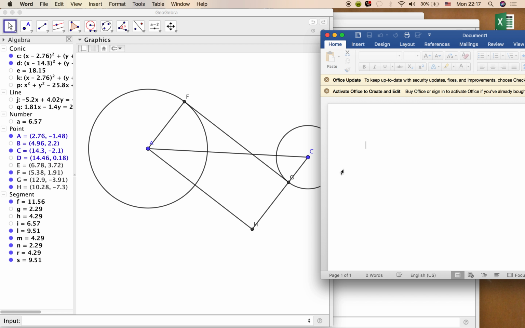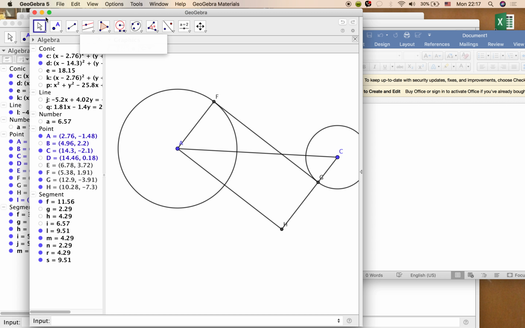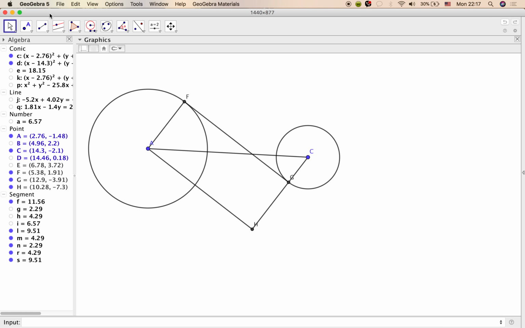Because we know AFGH is a rectangle, this is a right angle, and we can consider the right triangle ACH and say that AC squared. This is not right. Well, we are keeping it in GeoGebra. We are going to use the text tab. I didn't want to use it because it's just too tedious, but we're going to have to do it.